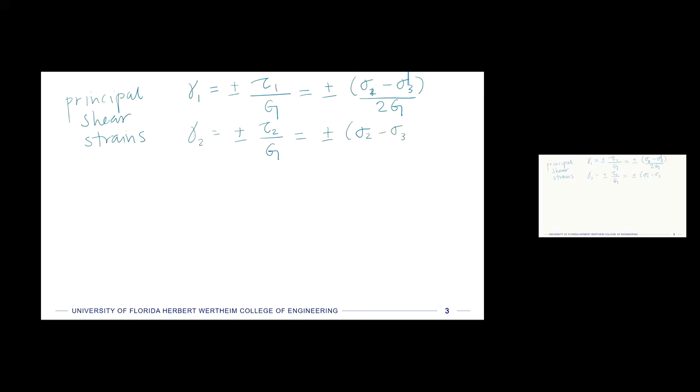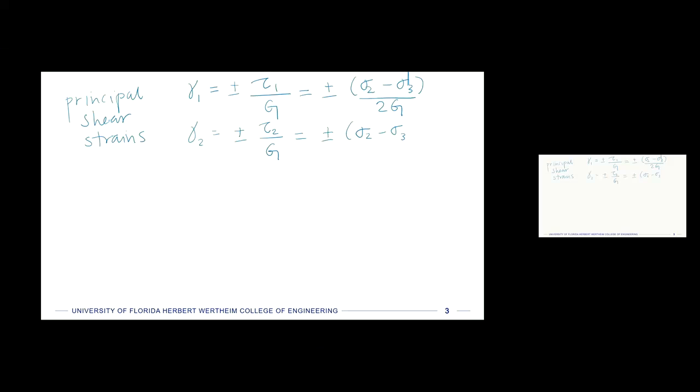Oops, the first one should have a 1 up here on the top. It should be the maximum shear stress, which is tau 1, which is sigma 1 minus sigma 3. Nope, I lied. I've got to get my notes straight here. Sorry, give me 1 second. I wrote them out of order to try to help myself, and then I got messed up. Okay, so gamma 1, tau 1, sigma 2 minus sigma 3.